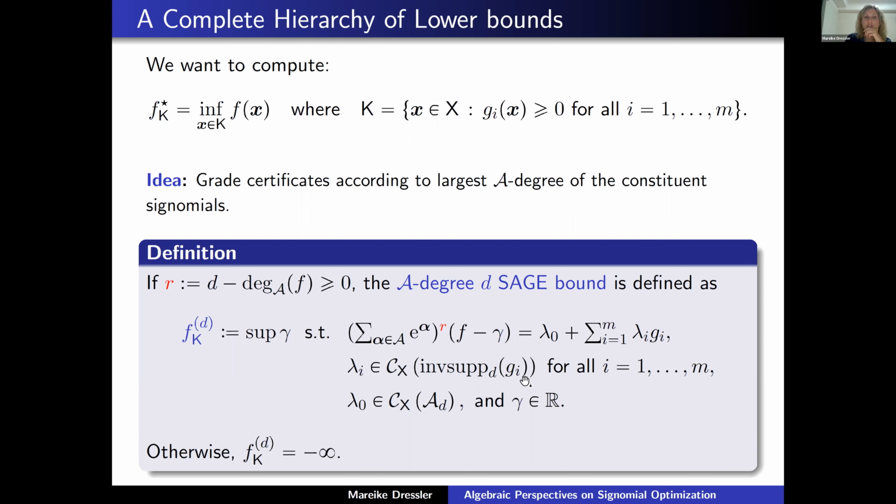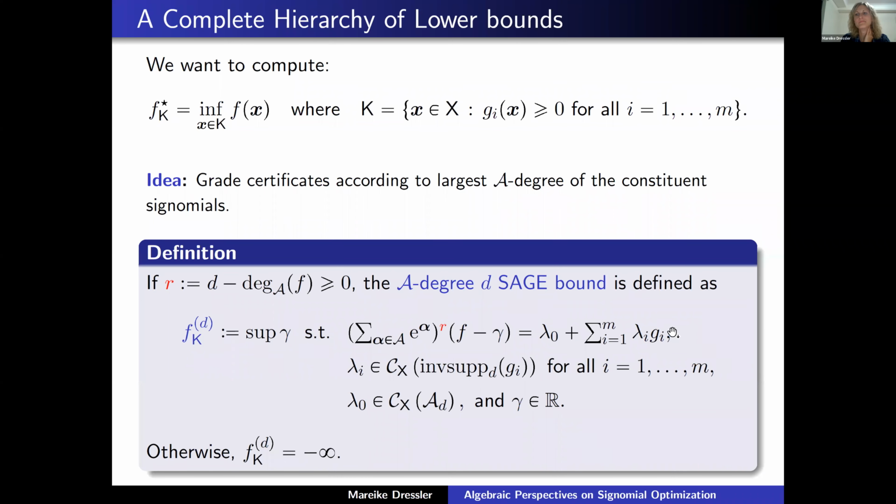So we can efficiently compute this number f_KD. And if it would be less than 0 here, then we just set this number to -infinity. And maybe note one thing here.